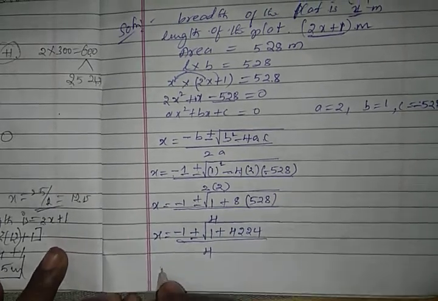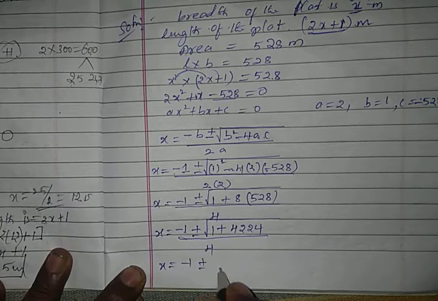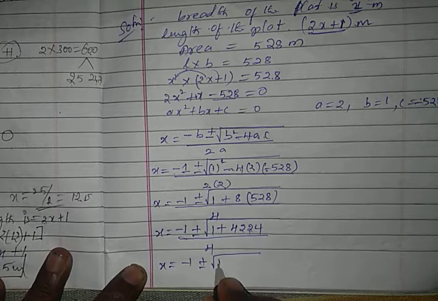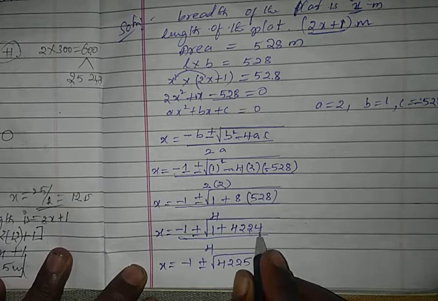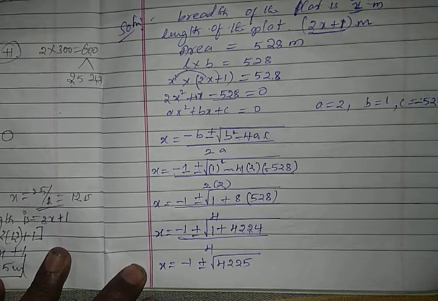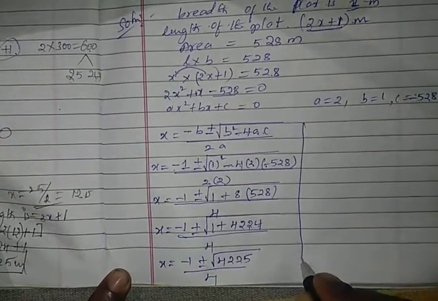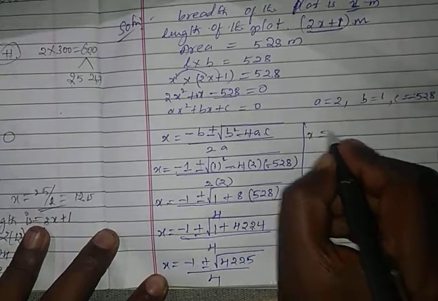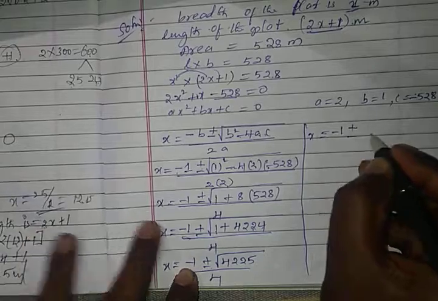Then x is equal to minus 1 plus or minus square root of 1 plus 4224, that is 4225, whole divided by 4.